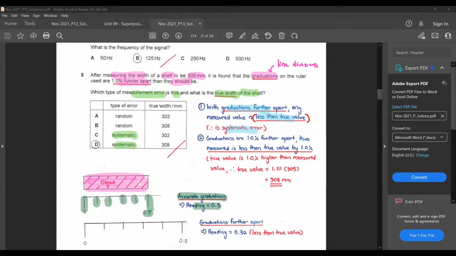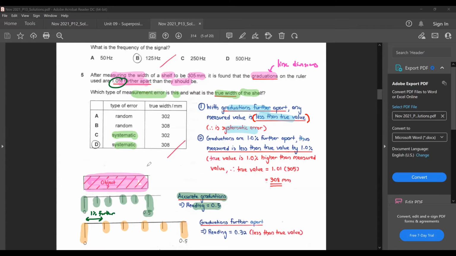But what the question mentioned was that your graduations or line divisions are 1% further apart, meaning to say they're actually 1% further. So the ruler that you're currently using has graduations that look like this right now, where the line divisions are further apart.